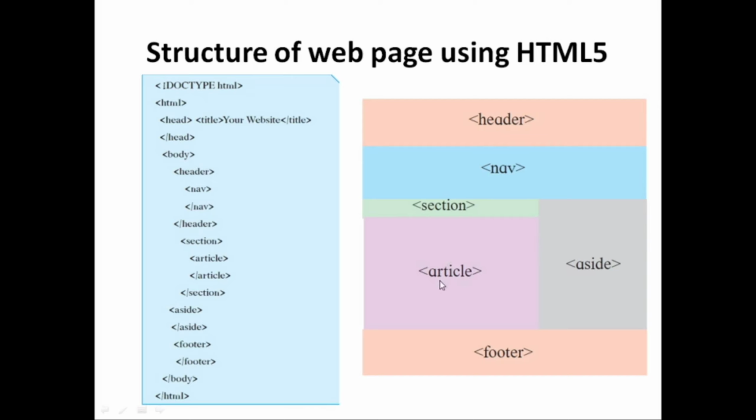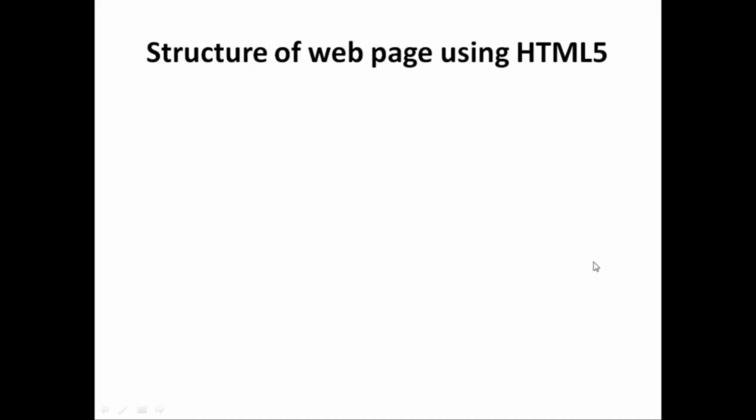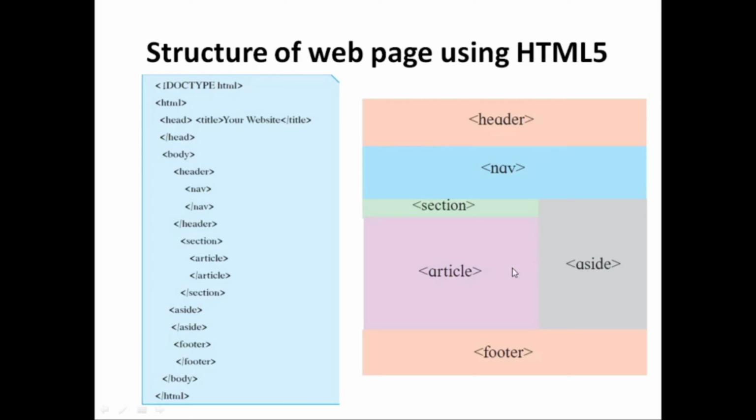In case you want to write some article on something, you can include that within your article tag. Then you have the aside tag, which will appear just to the right of the section tag, and then you can close it. As you can see, section, article and aside appear in the same horizontal area.